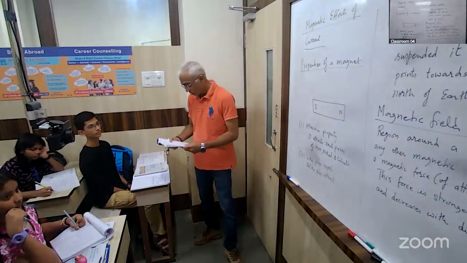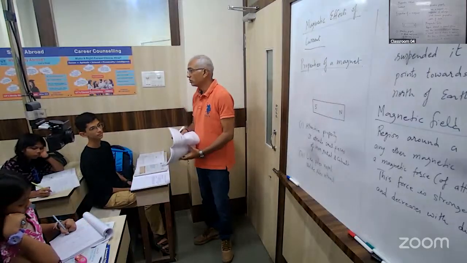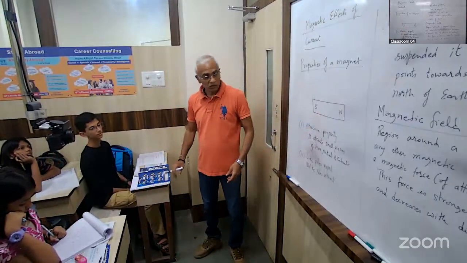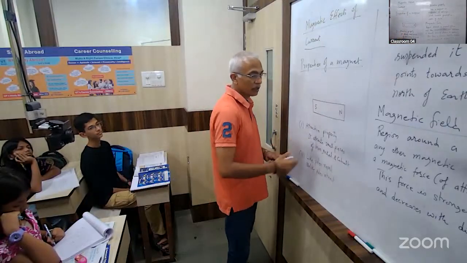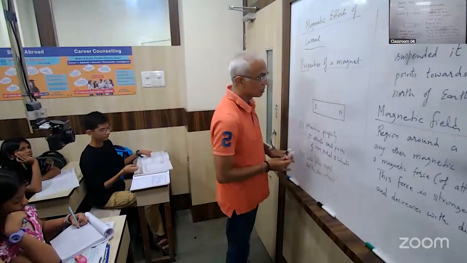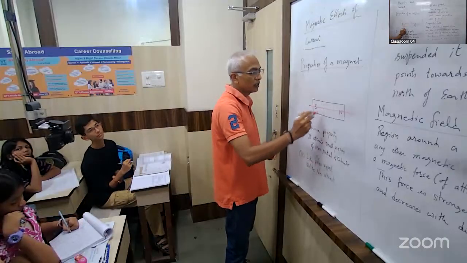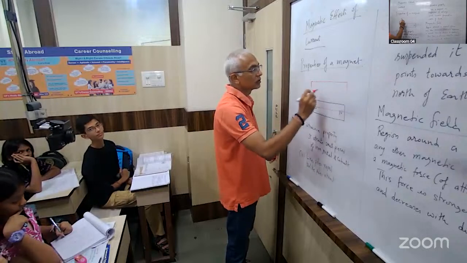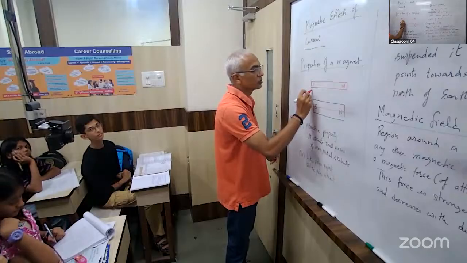So this is the basic, and every magnet will always have two poles, which means if you break this magnet into two parts, right? So let us say I break this magnet into two parts. I can break the magnet along its length, or I can break it like this. It will make two small magnets, each having north and south poles.